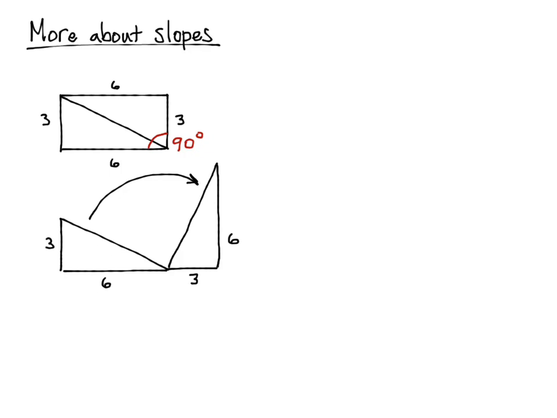Let's say I have a piece of cardboard or just some shape, 6 wide, 3 high. Now I'm going to cut it on the diagonal. This is a 90-degree angle. So what I'm going to do is take this top piece and open it up. So what I have is this right here. By opening it up, this side here is going to drop here, and you can see I'm rotating this 90 degrees.